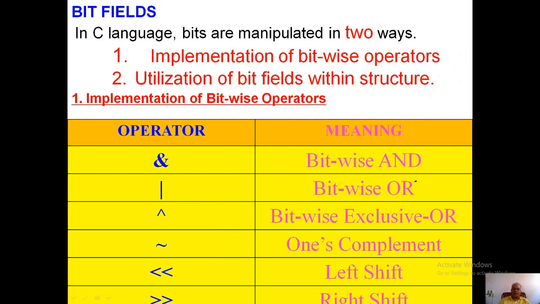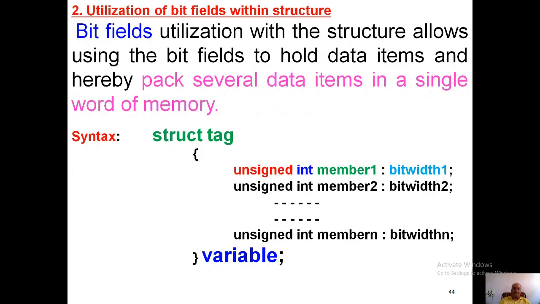Yes or no? So here, how can the bit fields be utilized within the structure? This utilization allows the bit fields to hold data items and pack several data items in a single word of memory.